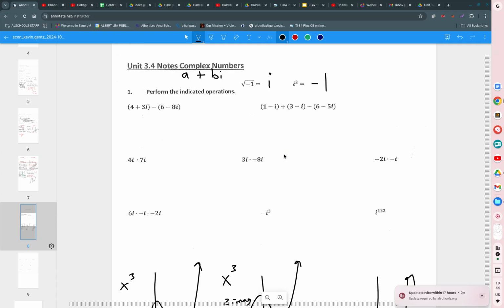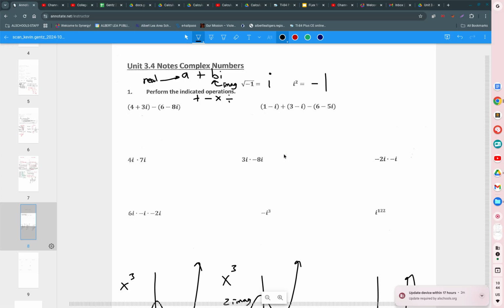This is a complex number that has a real part, and then the bi is the imaginary part. Okay? So we have real numbers, we have imaginary numbers, and then we have complex numbers where they're combined together. We want to be able to add them, subtract them, multiply them, divide them.